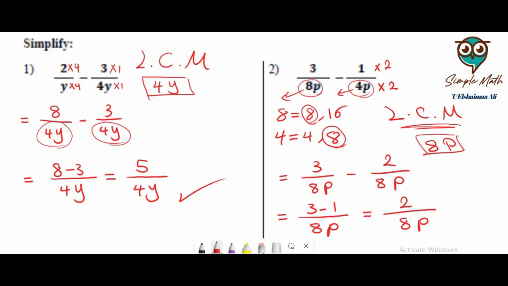But we can also simplify this. Yes, we can simplify the numbers by dividing by 2 up and down. So it will give me what? 2 divided by 2 gives me 1, and 8 divided by 2 gives me 4b. So the simplest form for these two fractions is 1 over 4b.